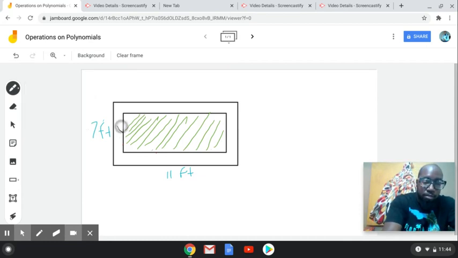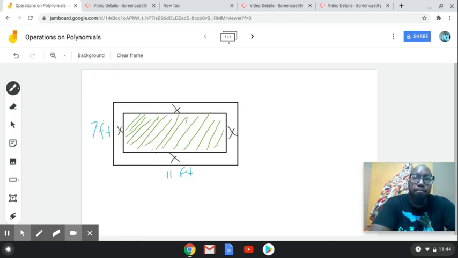So from here to here is x. This is x as well, and that's x. With the length of x that you're taking off from each side, you want to find out the area of the inside of that garden.